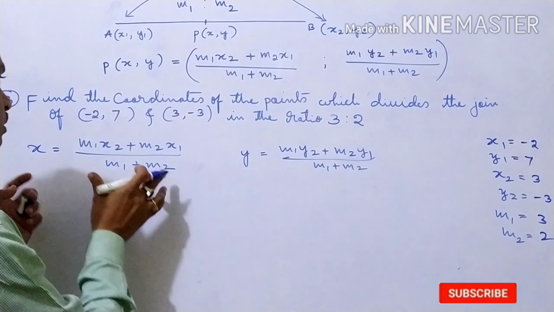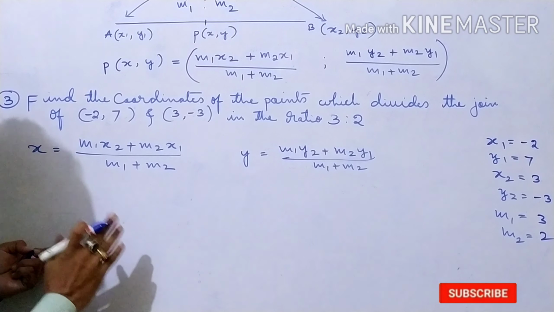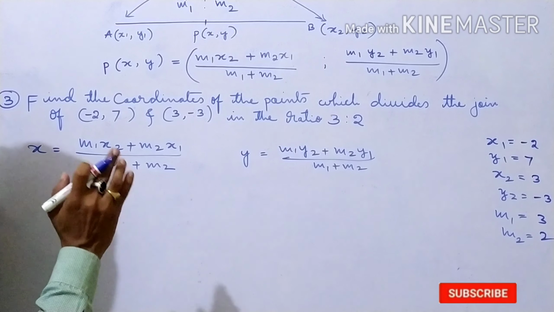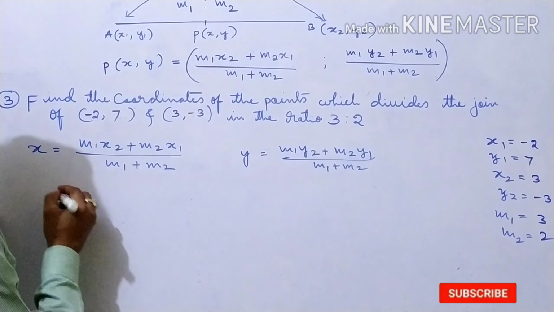Okay, then now you take this formula. You should remember this formula, it is very important. If you know the formula, then only are we able to solve this problem, otherwise we can't.